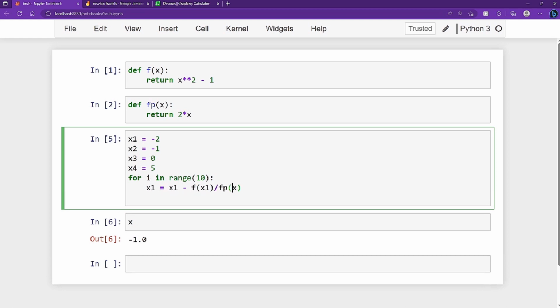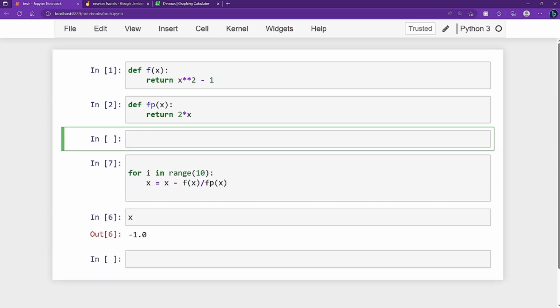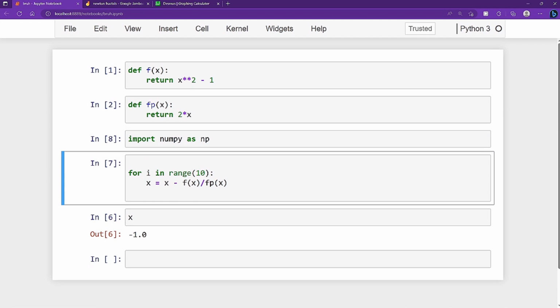But that's not very good. So what we can do is use NumPy. Let me import it somewhere else. And we can declare an array with np.array: minus 2, minus 1.5, minus 1, 0.25, 1, 1.5, and 2.